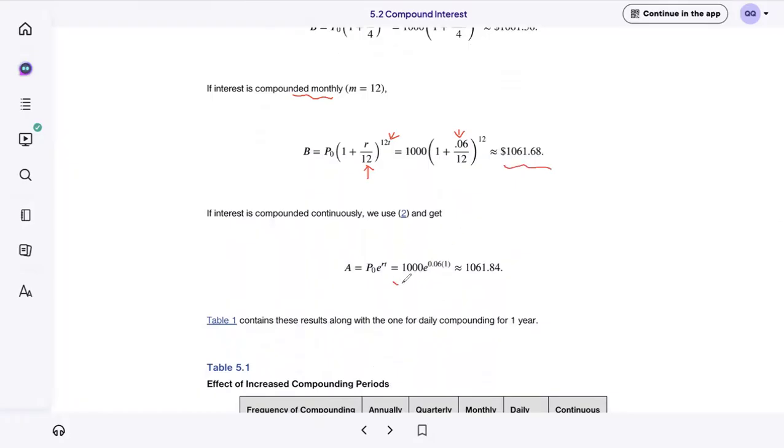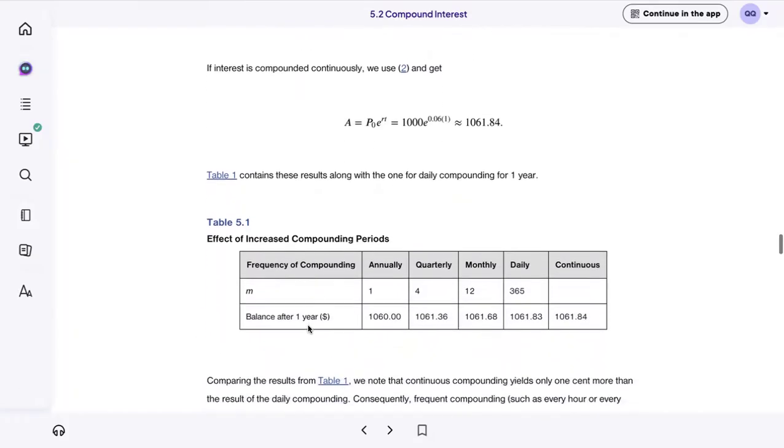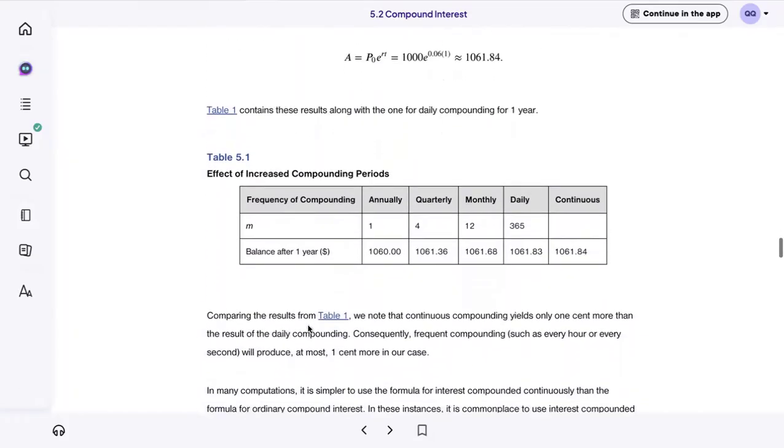But if it's continuously, it's a little more. We see this 0.84, 0.68. So the more it's being compounded, the more money one's making.